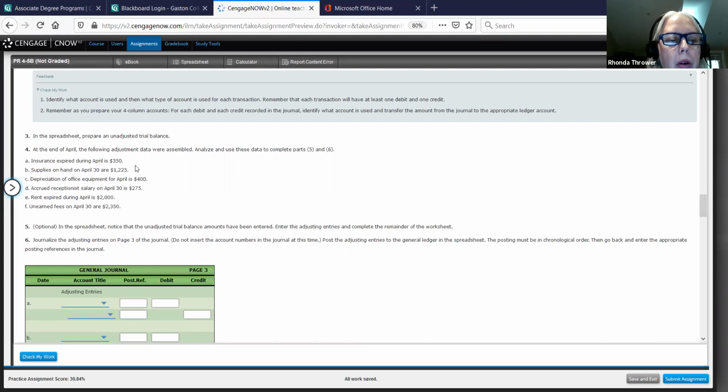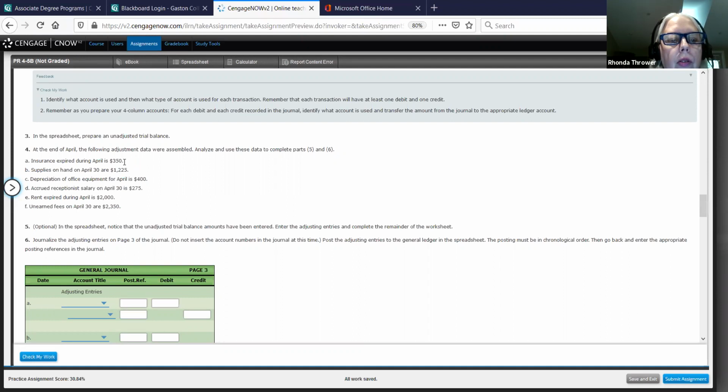If you'll remember, a deferred expense is an expense that you're going to put off until the time period that it belongs in. Deferred expenses are sometimes called prepaid expenses, and they just need to be adjusted at the end of the period. So prepaid insurance is one of those accounts that we would need to adjust at the end of the period.